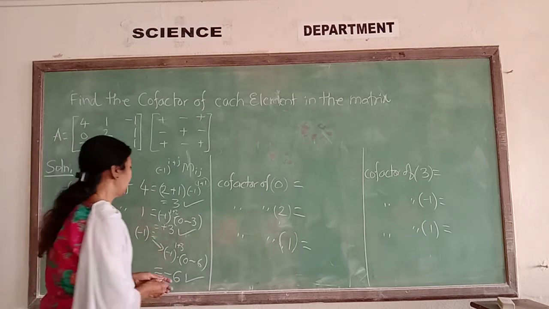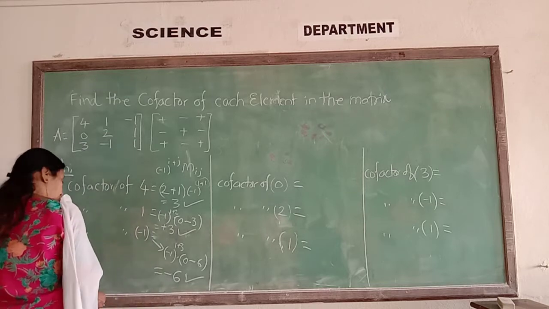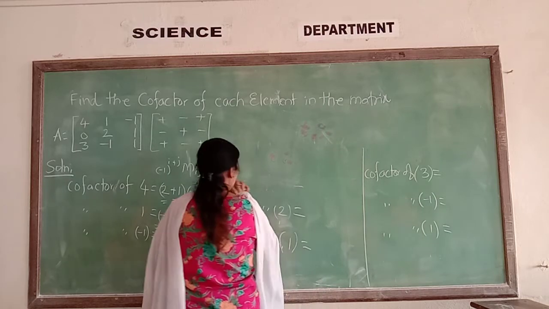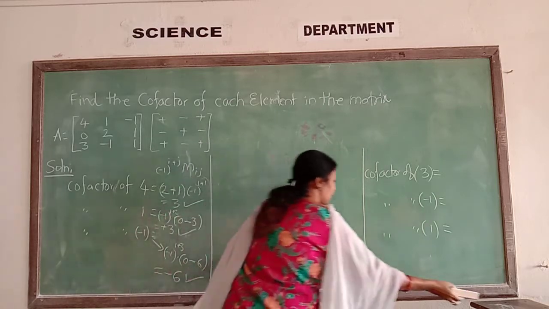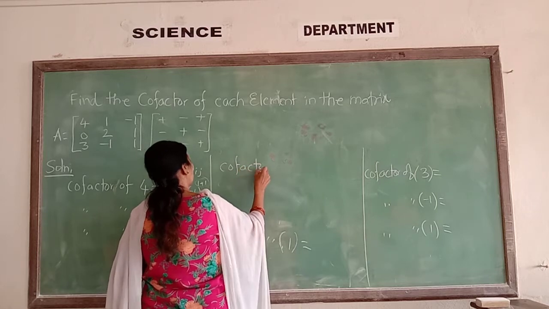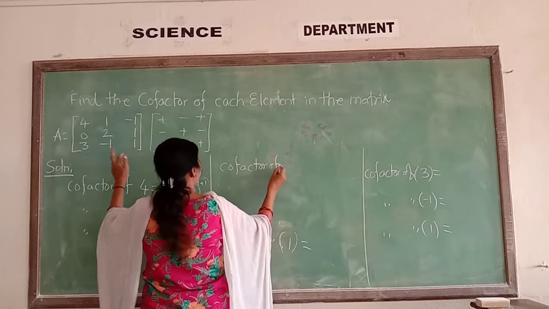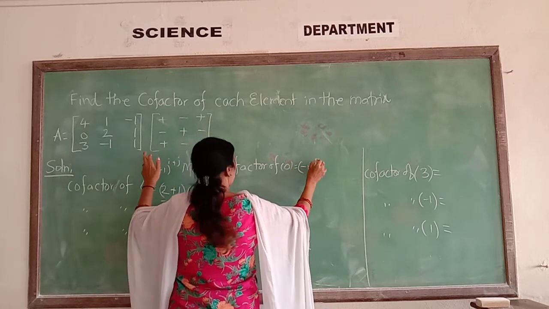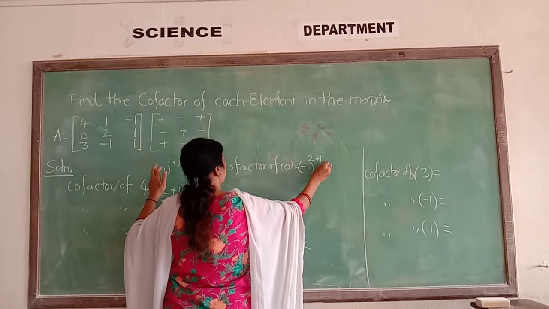Coming to this, I will take a little space here, as it will be congested. Cofactor of 0: -1 to the power, second row, first column.